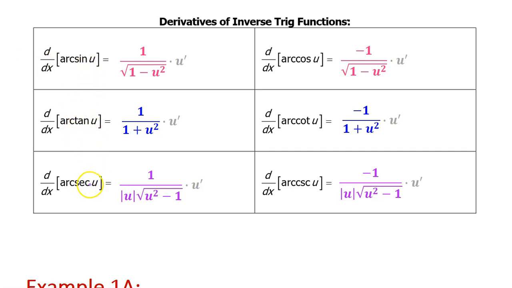Arcsine and arcsecant have derivative rules that are very similar to each other. They both have the square root, but one has 1 minus u squared and the other has u squared minus 1. So how do I remember which goes to which function? If you can remember that arcsecant is the one with the extra absolute value of u out in the front, then I always think to myself, well, these u's, they're friends, they're brothers, they're buddies.